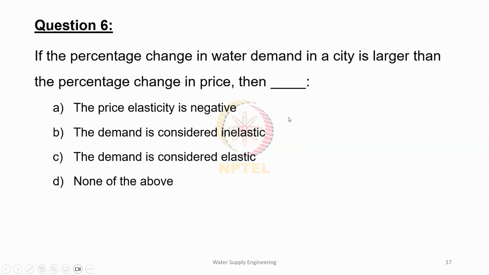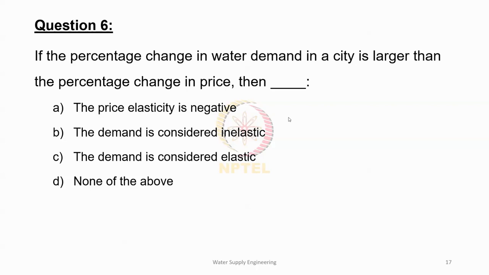Question number 6. If the percentage change in water demand in a city is larger than the percentage change in price, then option A, the price elasticity is negative. Option B, demand is considered inelastic.